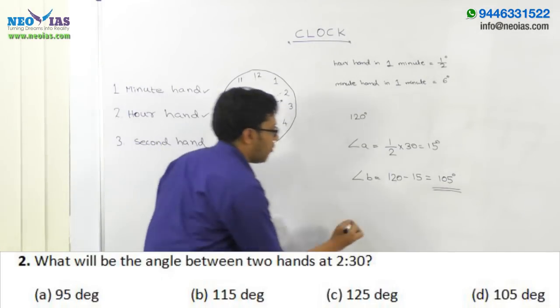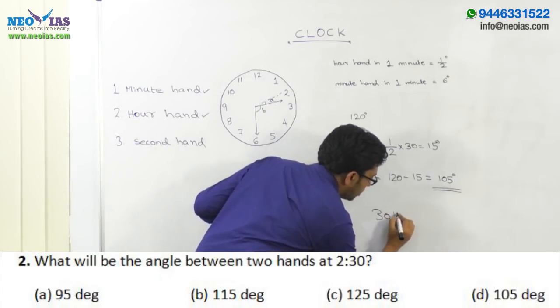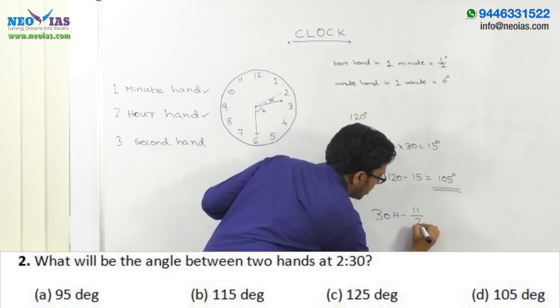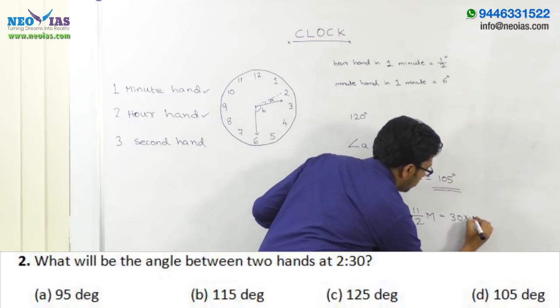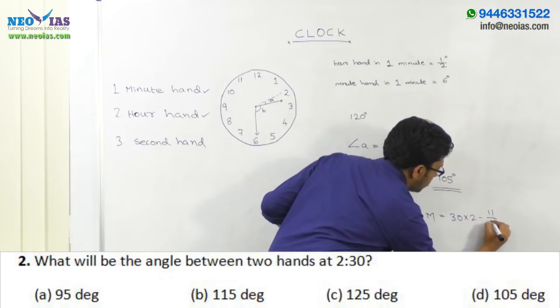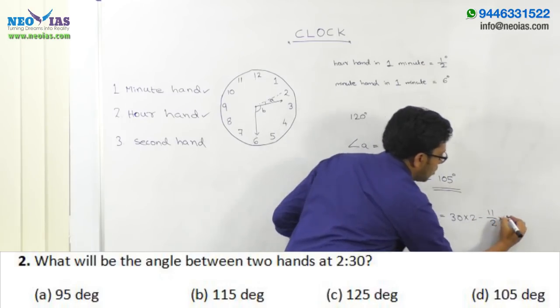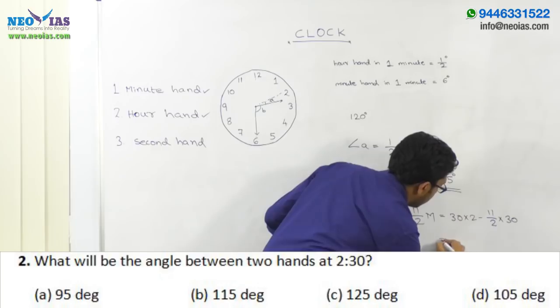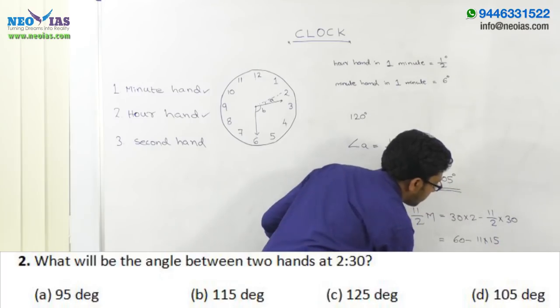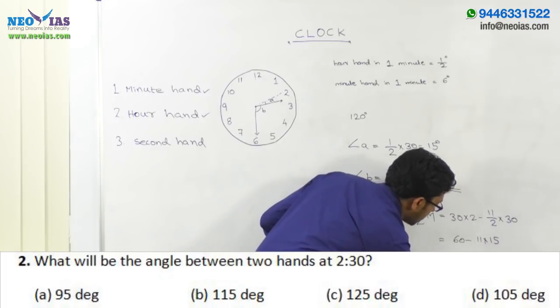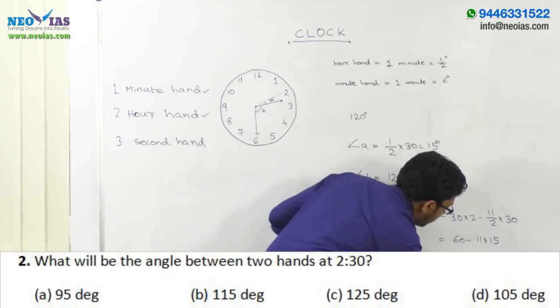And if we are going for the formula, 30h minus 11 by 2 m equal to 30 into 2 minus 11 by 2 into 30, that is 60 minus 11 into 15, equal to minus 105 degrees.